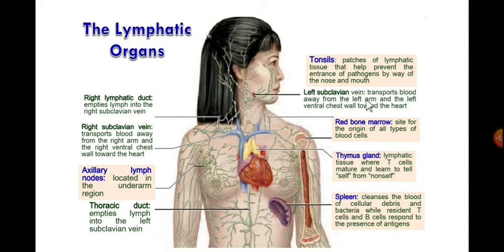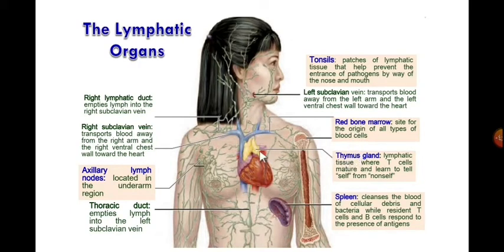Left subclavian vein transports blood away from the left arm and the left ventral chest wall toward the heart. Red bone marrow, site for origin of all types of blood cells. نخاع العظام الأحمر طبعا هو مصدر لكل أنواع الخلايا الدموية.